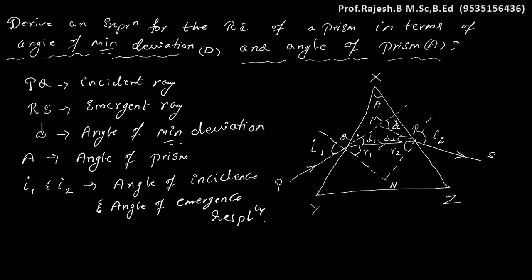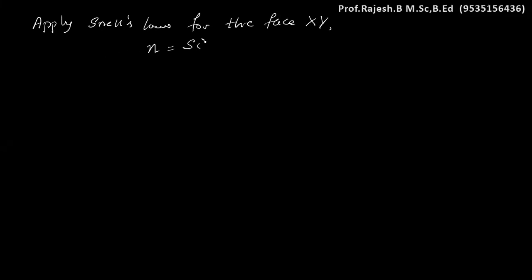Now we'll apply the law of refraction, Snell's law, for the face XY. According to Snell's law, n is equal to sin I1 divided by sin R1. Call it equation 1.